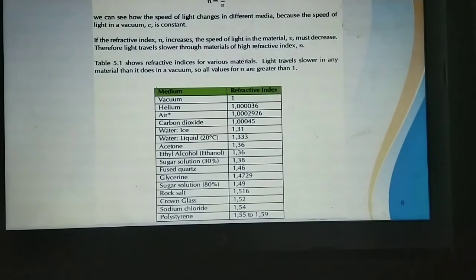So all the values for N are greater than 1. You can take some time and look through this. In a vacuum, the refractive index N is equal to 1.